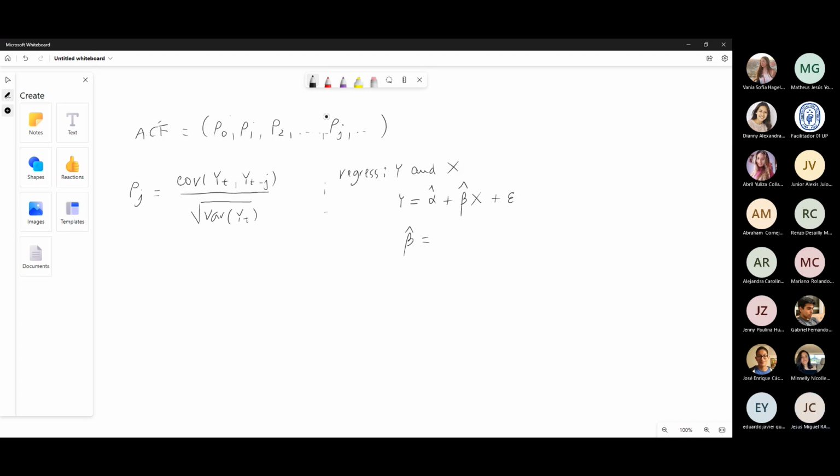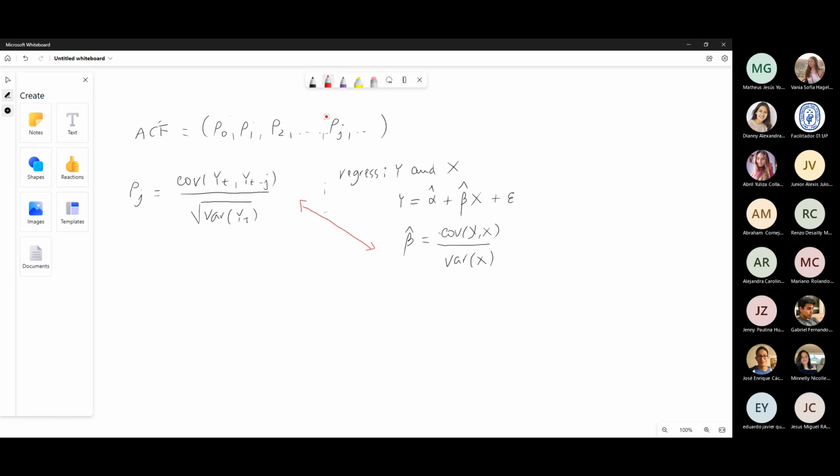The covariance of X and Y over the variance of X. Now let's try to do some analogy between these guys. They all look alike, right?